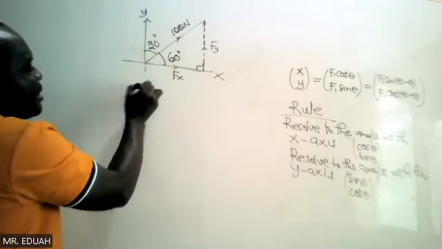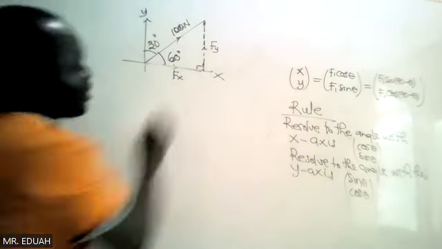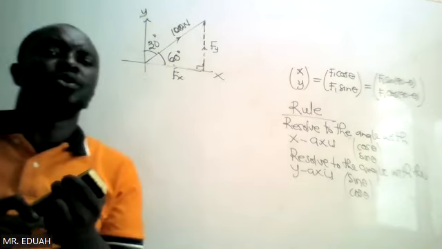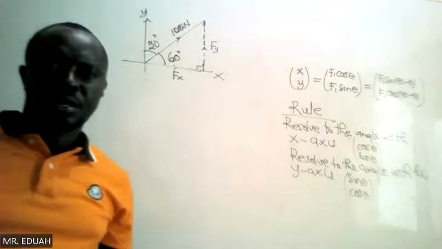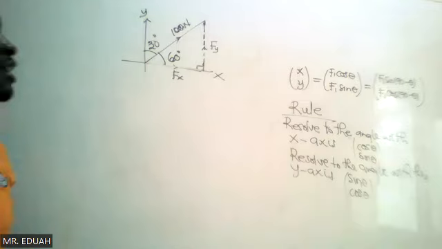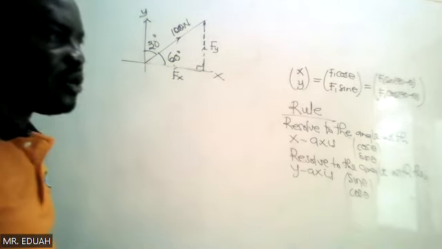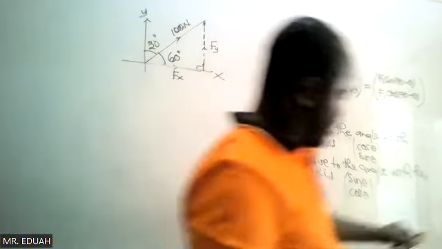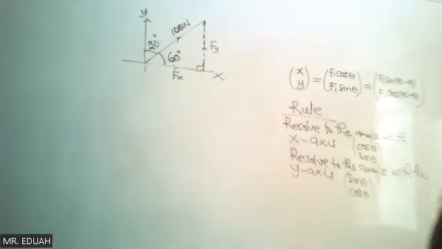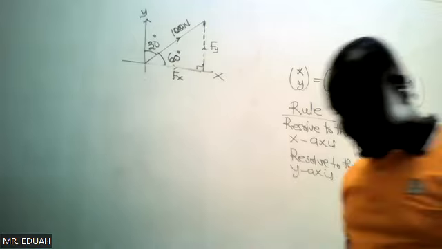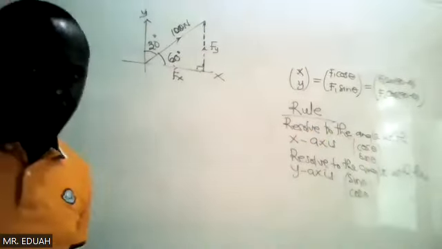Fx, if I want this side, which appropriate trig ratio do I use? Cos. Because we have the hypotenuse, but we are looking for the adjacent.